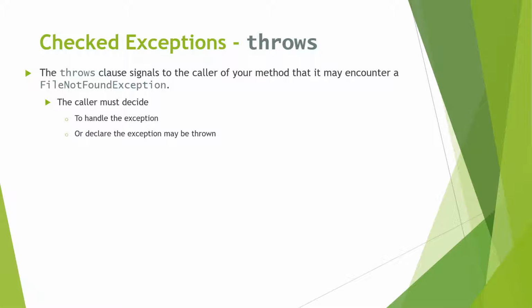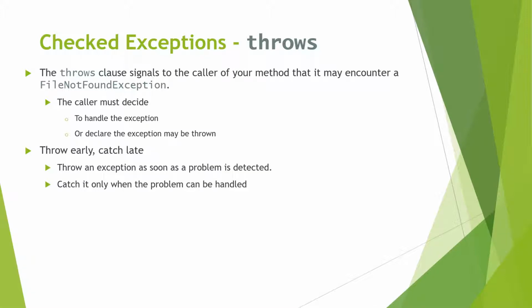So the exception can be thrown twice or maybe 3 times or 4 times, because the caller has two options, either to handle the exception or to declare the exception may be thrown. At the end of this chain, after throwing it maybe 1, 2, or 3 times, the last method must handle the exception. So as I said before, the exception must be handled somewhere in the program.